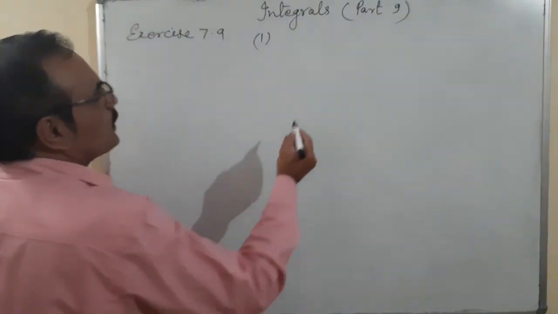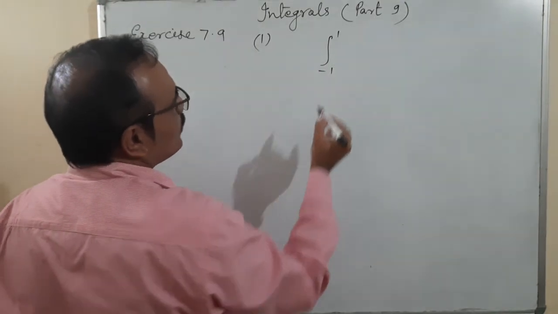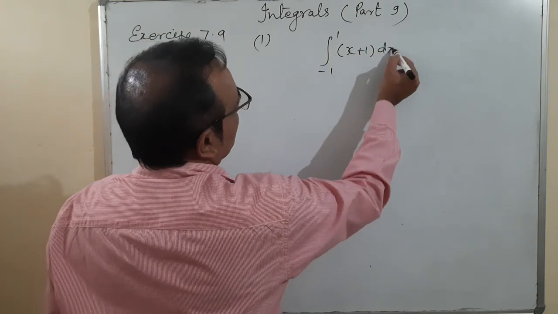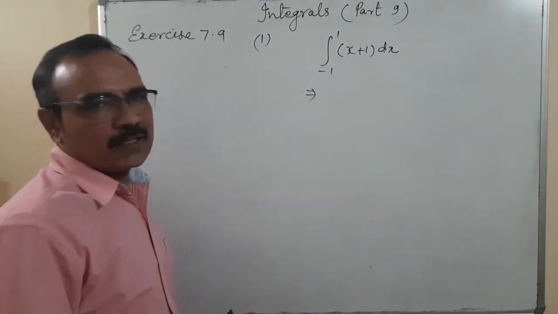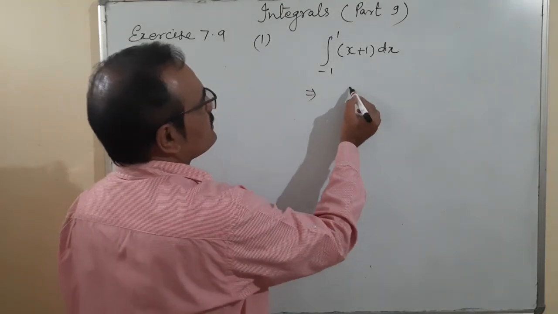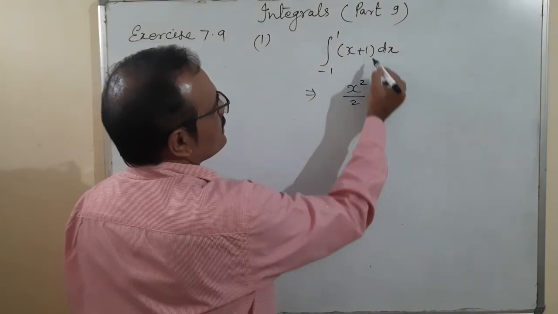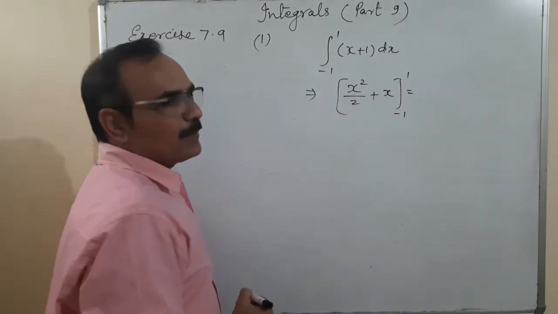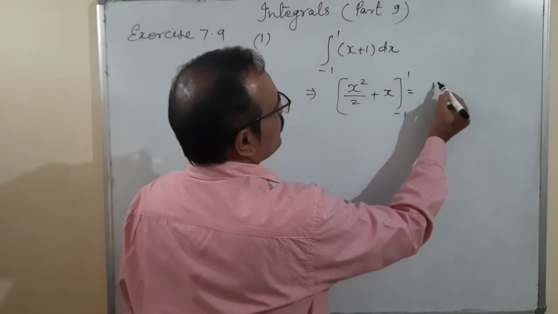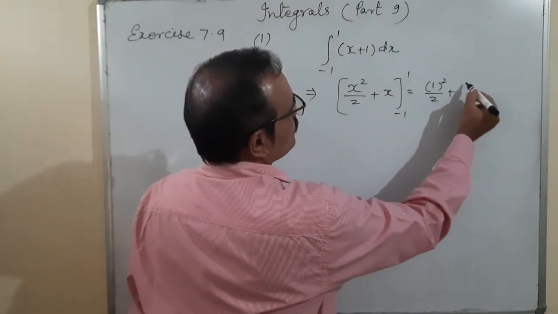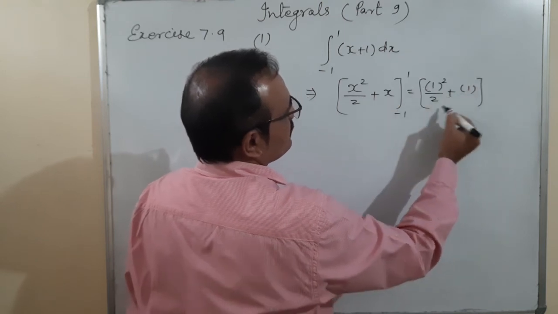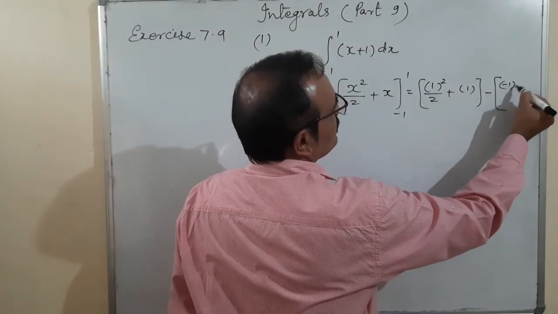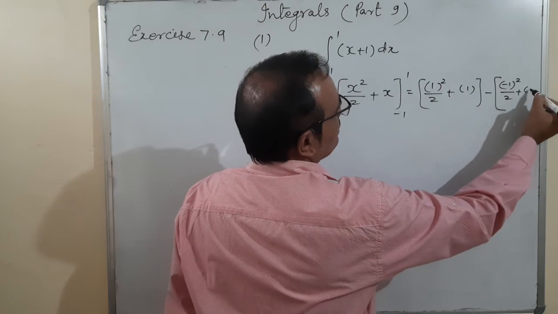Limit minus 1 to 1, from lower to upper, of x plus 1 dx. It's very simple. The integration of x is x square upon 2, plus the integration of 1 is x, from minus 1 to 1. Now I'll put the upper limit in place of x. So it is 1 square upon 2 plus 1, upper limit, minus the lower limit, minus 1 in place of x: minus 1 square upon 2 plus minus 1.